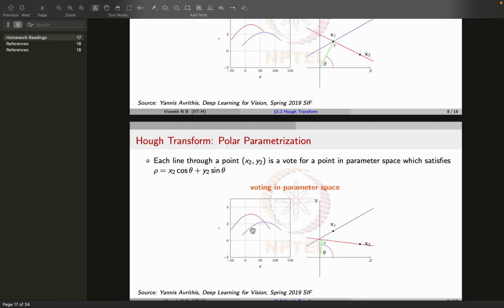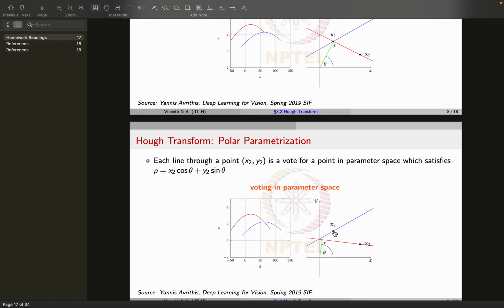The blue one represents the parameters of all the lines that pass through x1, in all directions, and the red one represents the parameters of all the lines that can pass through x2.